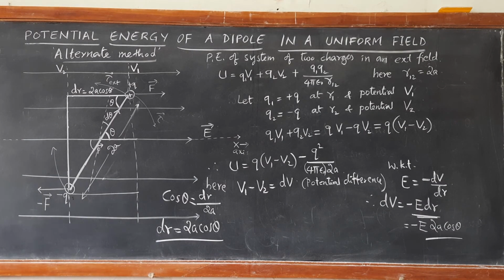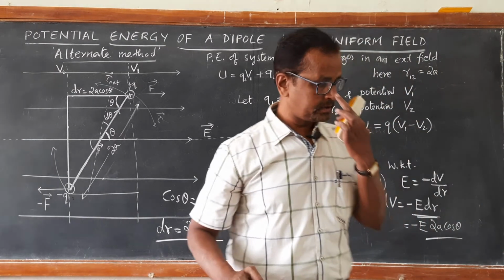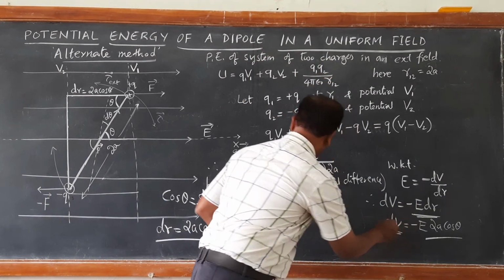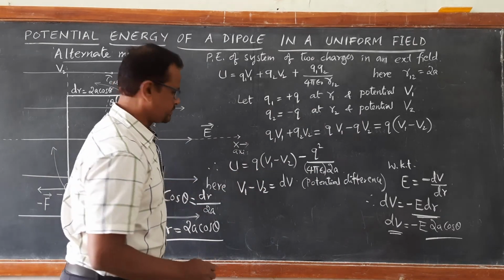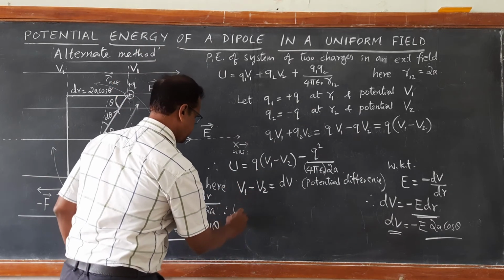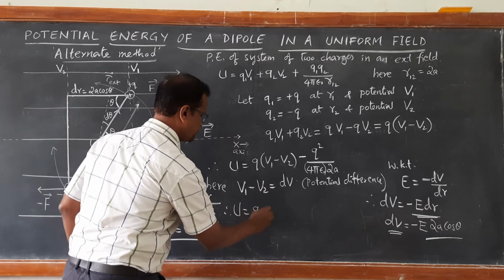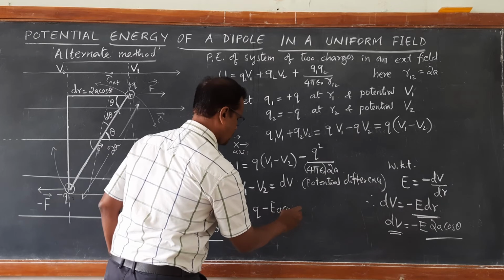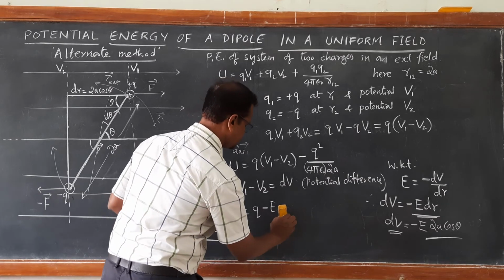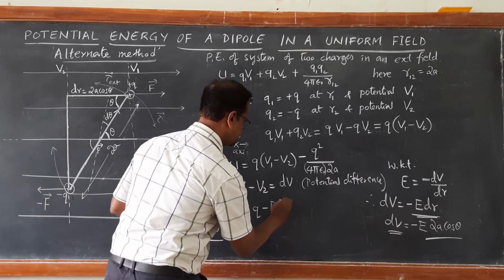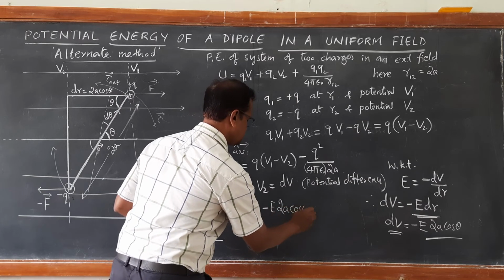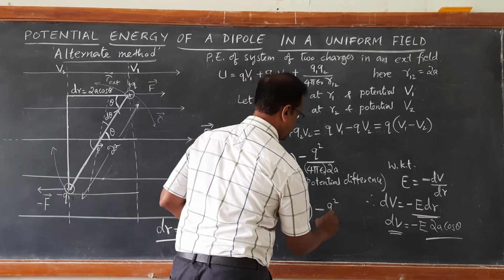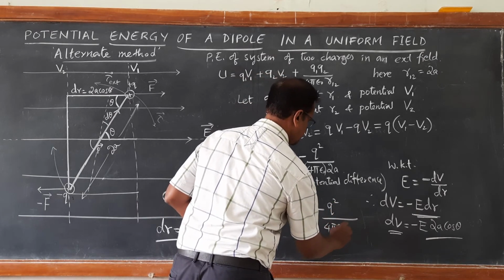Now we can substitute this dV in the above equation. Finally U becomes equal to q into dV, where dV is minus E into 2a cos theta, and we also have the term minus q square upon 4 pi epsilon naught 2a.